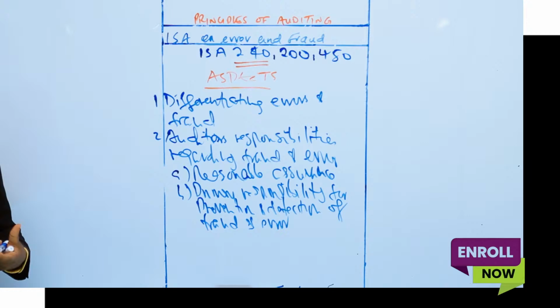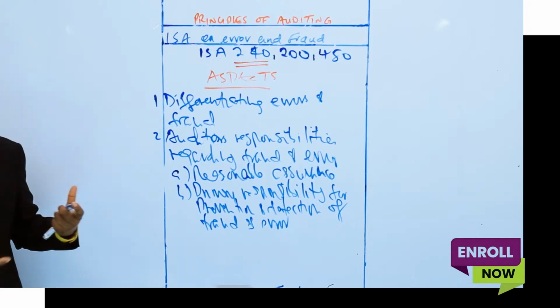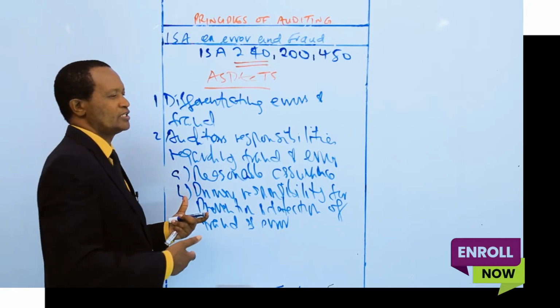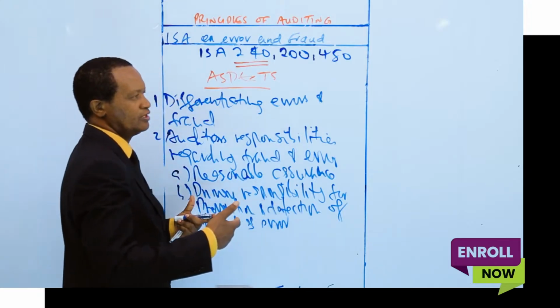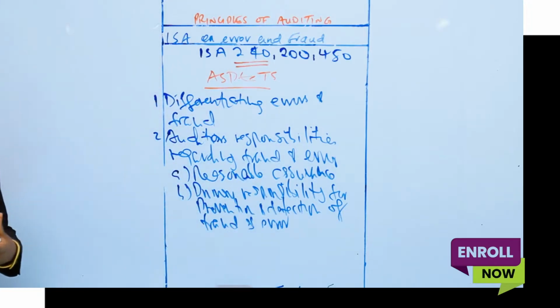They have the responsibility or role of ensuring that their audit procedures help to obtain reasonable assurance that the financial statements are free from material misstatement. That is the auditor's responsibility regarding fraud and error.